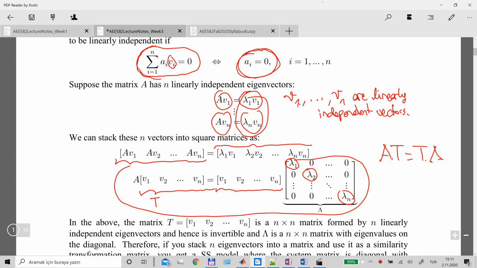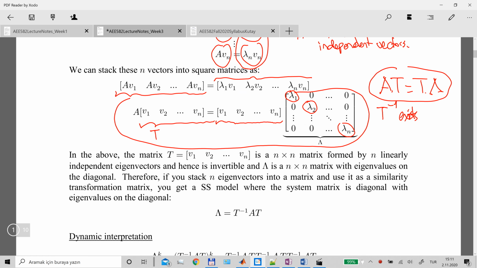Now remember that this T is a matrix whose columns are linearly independent. That means this matrix is of full rank, and it also means that its determinant is not equal to 0. So these are all equivalent to saying that T is a matrix whose inverse exists. Okay, so T inverse exists, and that means you can take this equation and multiply it from left with the inverse of T to obtain this relation.